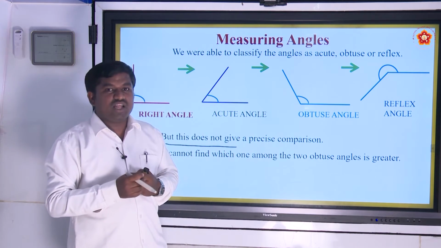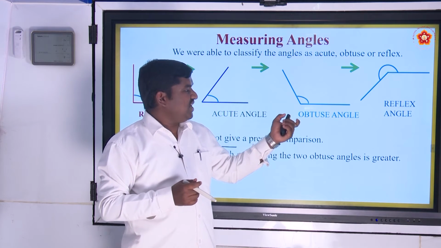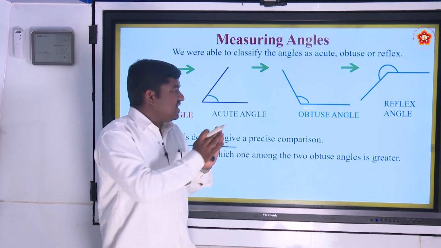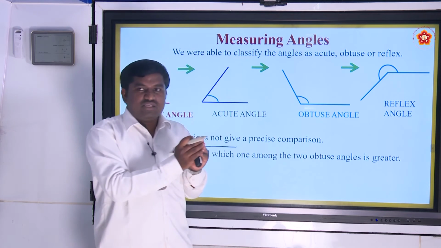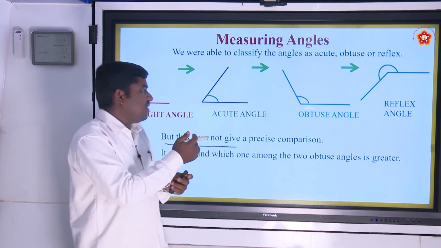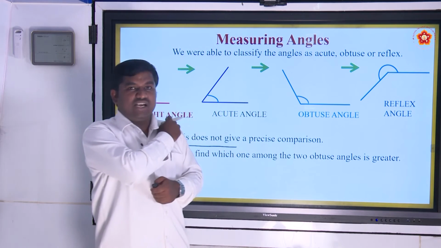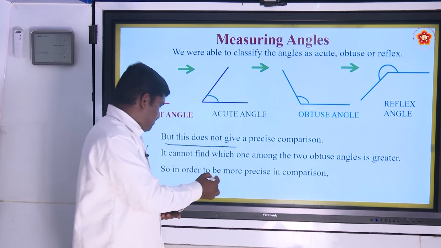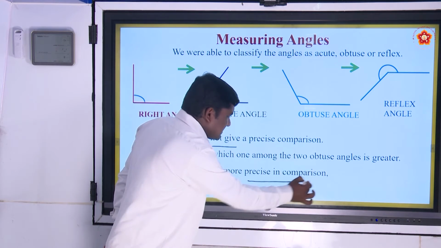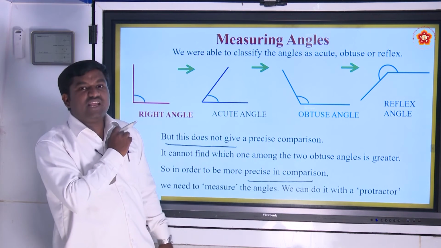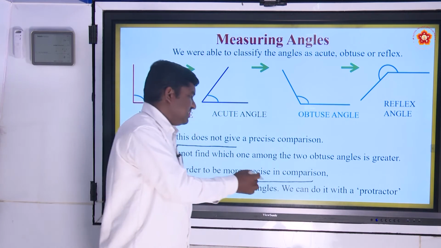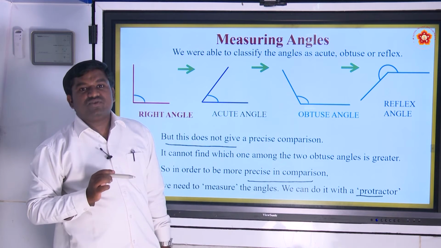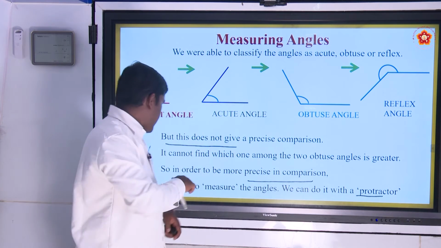Now we are not able to differentiate between two obtuse angles, or find the precise measurement. So to measure and compare this more precisely, we need a device called a protractor, which is used to measure the angles.